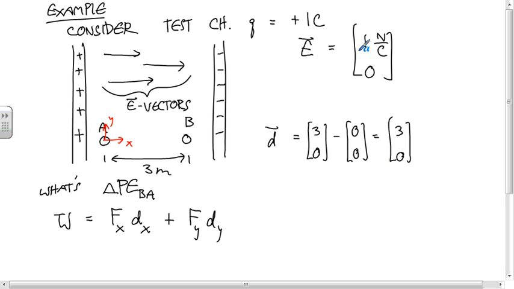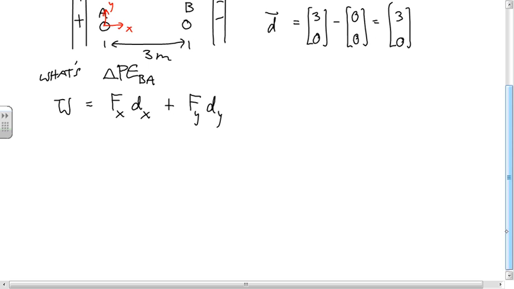Your force vector is this. No, that's not your force vector. That's the electric field vector. So how do you get the force vector? Well, remember we have this equation that says the electric field vector is the force vector divided by the test charge. That's an equation I gave you last time.